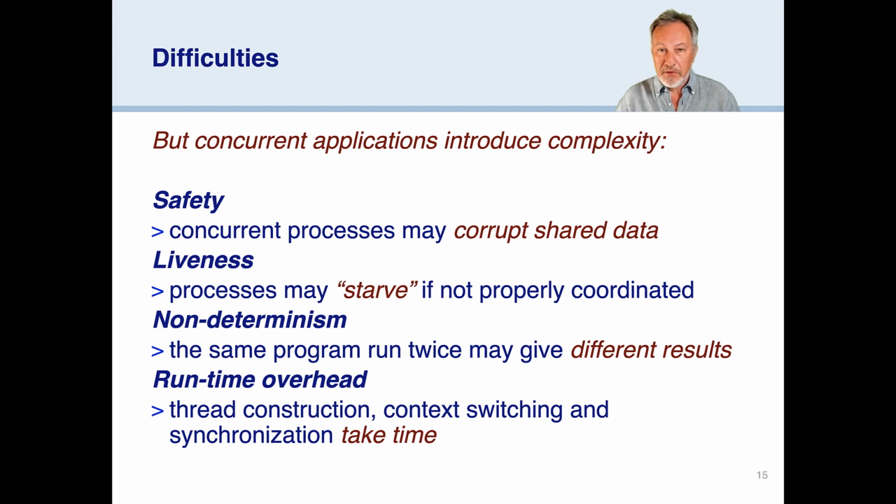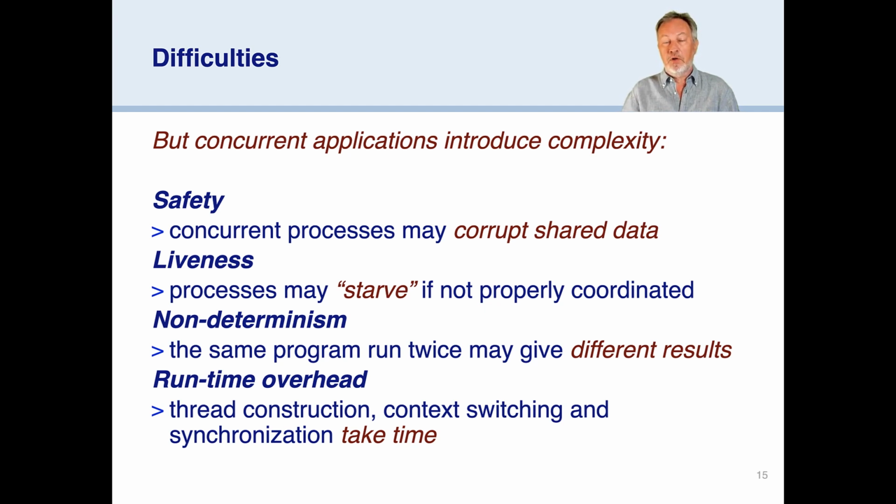So there are various difficulties and challenges in building concurrent applications, and basically four of the key topics are safety, liveness, non-determinism, and runtime overhead. So with safety, we're concerned with the fact that multiple concurrent processes compete for resources.